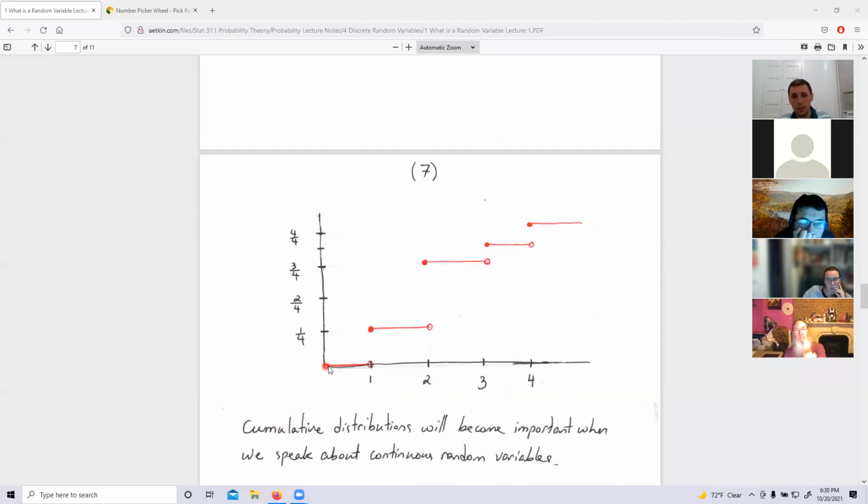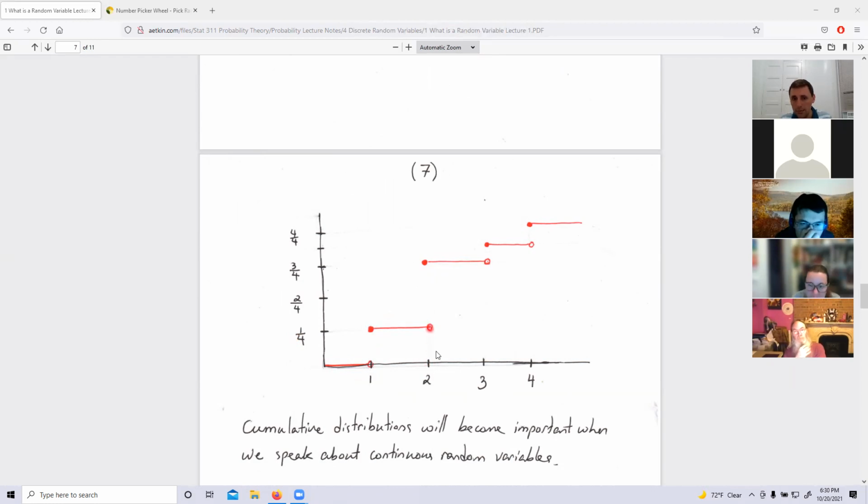Here are the steps. You see here, if A is any number below 1, I don't pick any outcome that has non-zero probability. Once I skip 1, I pick the 1/4. And notice that then I don't pick anything new. That's why the line stays flat. I don't increase in probability. But once I reach 2, look at it, at 2 there is a jump. If I'm slightly below 2, I still only pick the outcome 1 and its probability.